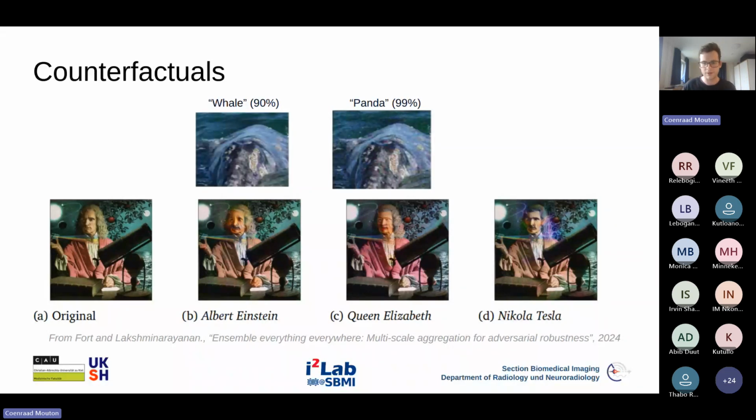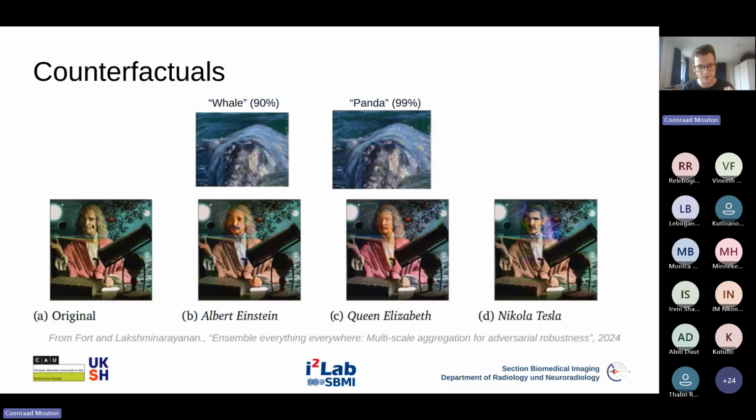Now, of course, for a non-robust model, that's the exact same thing as generating an adversarial example. What's the minimum perturbation such that the model misclassifies the input? So if you generate a counterfactual for a normal model, you'll just have the whale and the panda example again. However, if you have a robust model, then you can start to do some very cool things.